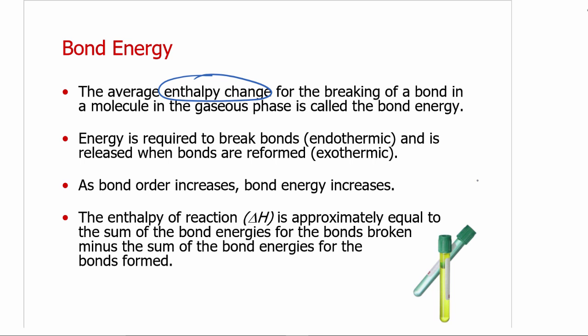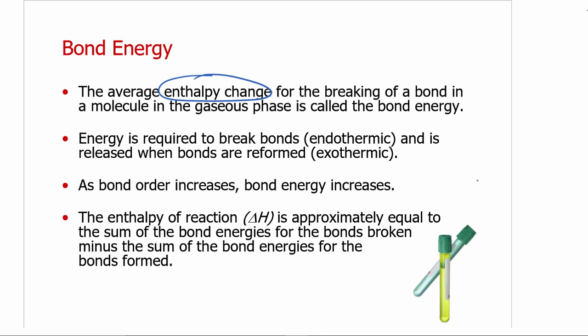And then again, we look at the enthalpy of reaction. It's approximately equal to the sum of the bond energies for the bonds broken minus the sum of the bond energies for the bonds that are reformed. What this basically says is that if there's more energy that goes into breaking bonds than is given off when bonds are reformed, the process is going to be an endothermic process.